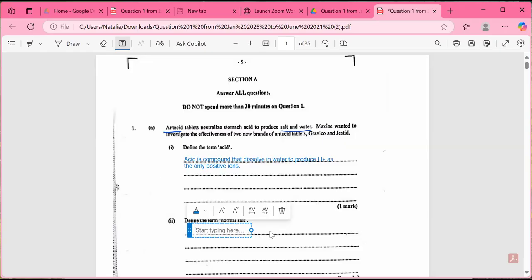So a normal salt is a salt formed where all the H plus ions from an acid are replaced by metal or ammonium ions.